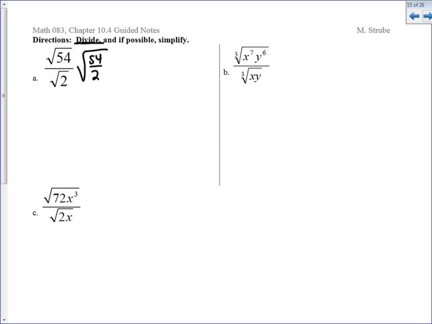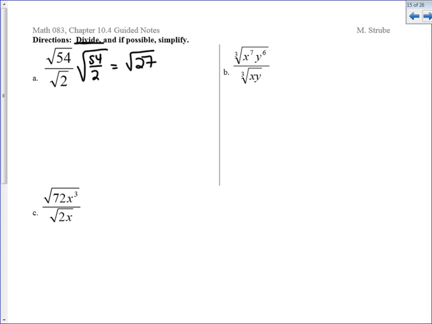So if I see the directions divide, I'm just going to take my radicands and divide them. So square root of 54 divided by the square root of 2, divide my radicands. Square root of 27. And then the second step is, if possible, just like with fractions, you always simplify your final answer. So the square root of 27. Do any of my perfect squares evenly divide into 27? 9.